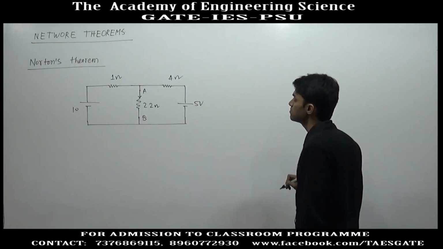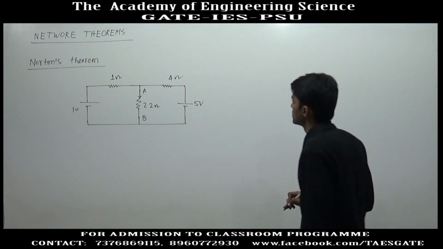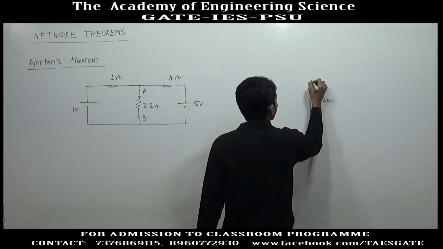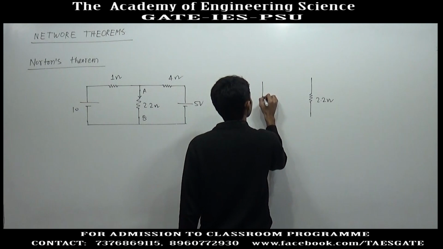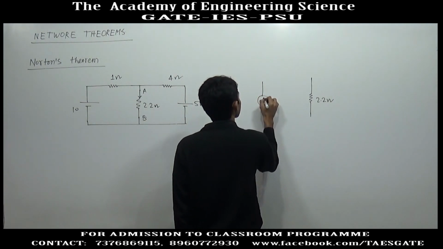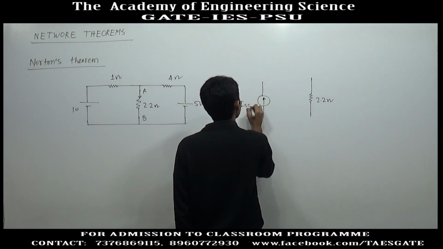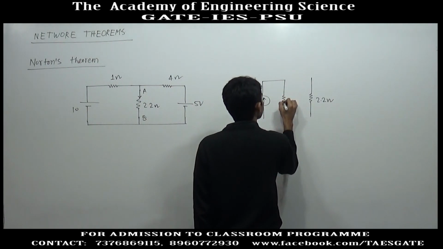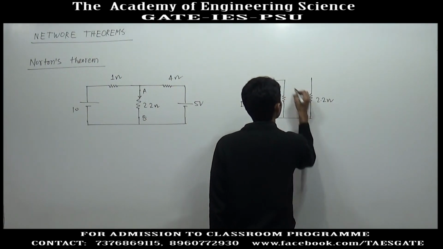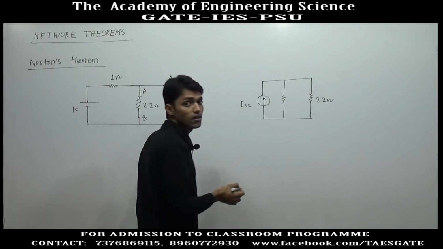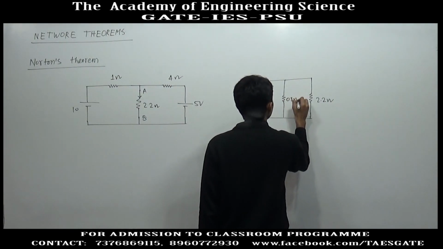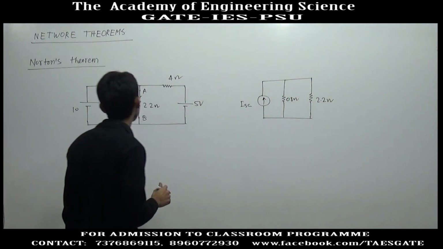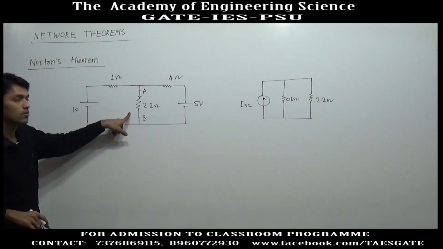This is 2.2 ohm, and in the transformed circuit, we will have a Norton's equivalent current source. This is ISC and this is RTH. RTH we already calculated in the previous example. This is 0.8 ohm.